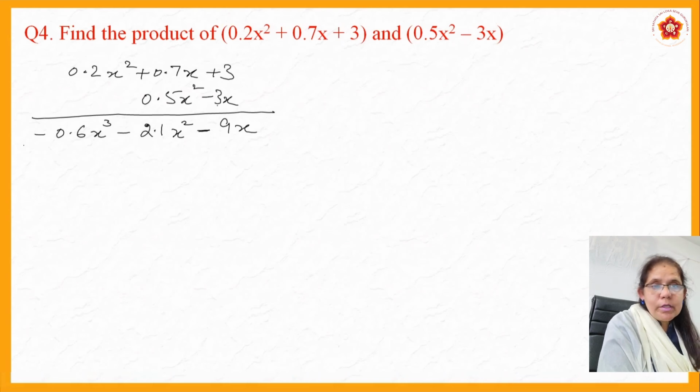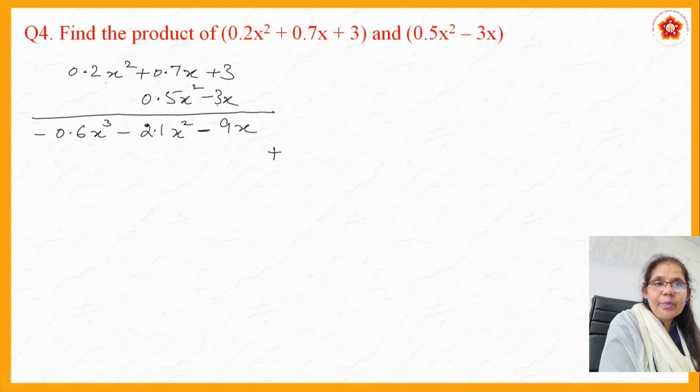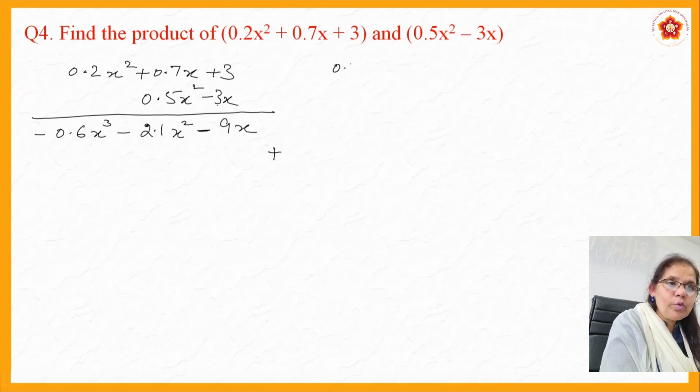So since there is no space on this side, let me write it here. Plus sign will be there, both are plus. And 5 twos are 10. There should be no confusion. You can do it separately also. 5 twos are 10 is here. And 2 decimal places. So 2 decimal places, it will be here. So it will be 0.1 x raised to the power 4.